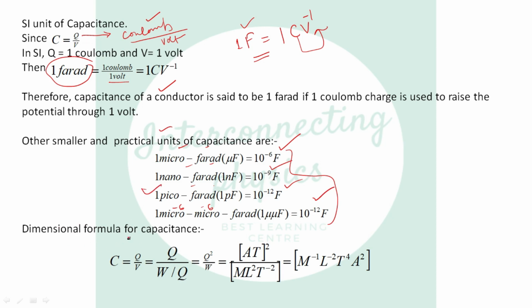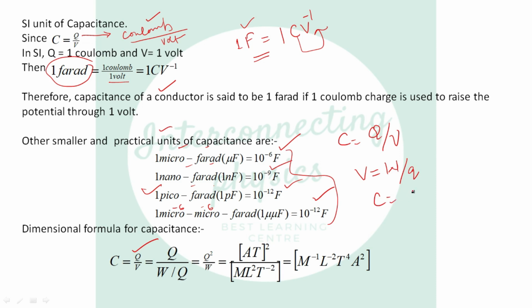Now, the dimension formula for capacitance. I have already told you, don't ever cram the dimension formula. Just remember the formula and then derive the dimension formula from the given formula. Now we know C equal to Q divided by V, and potential is work done divided by charge.